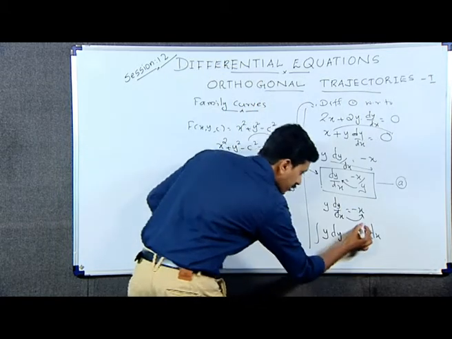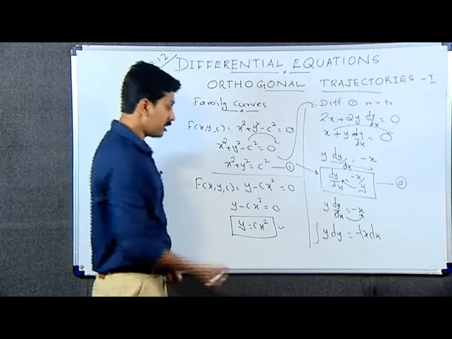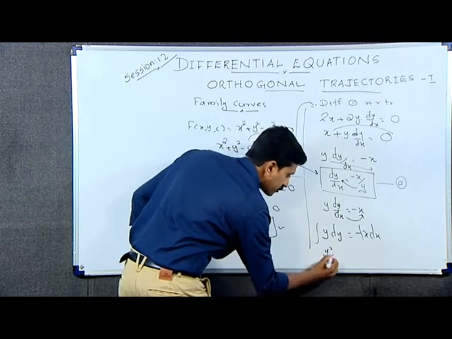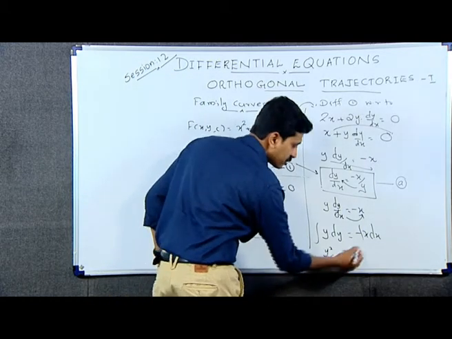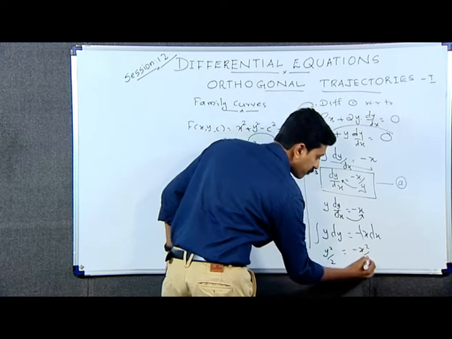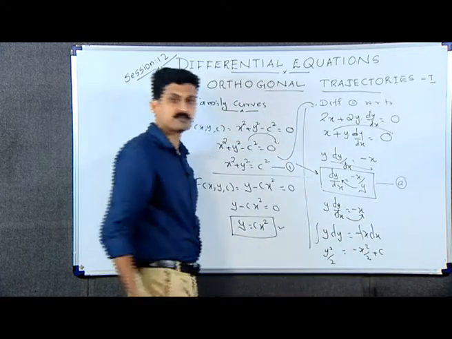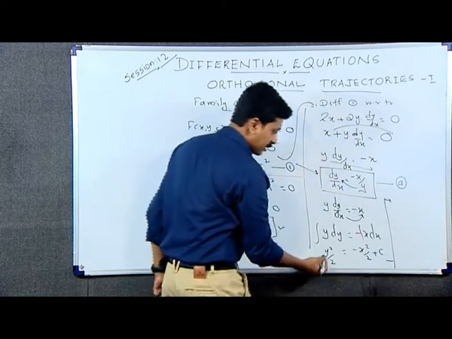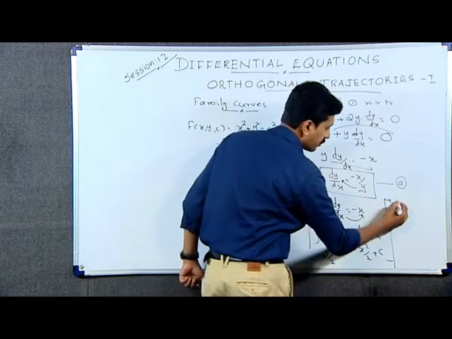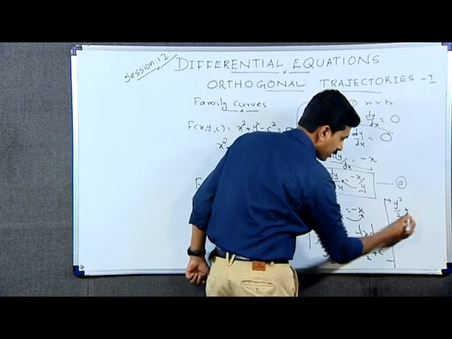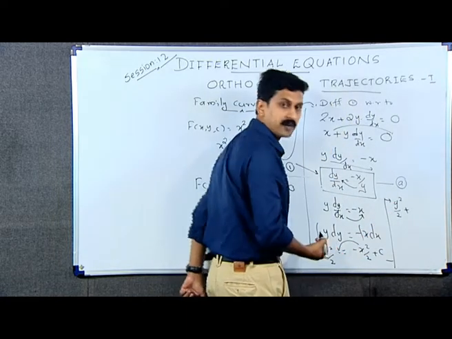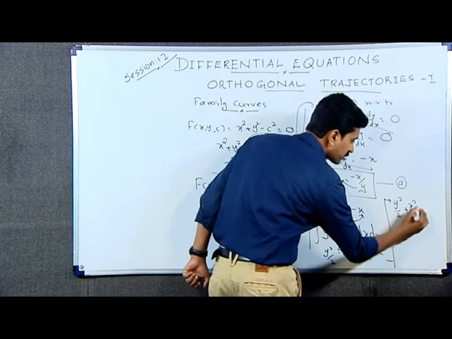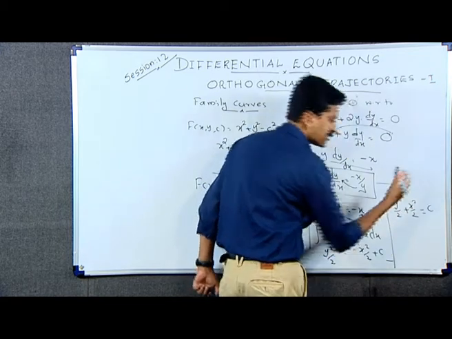While integrating on both sides, what will happen? The integral of y dy is y square by 2 and this is equal to minus x square by 2 plus c. From here, taking minus x square by 2 to the left side, we get y square by 2 plus x square by 2 equal to c.